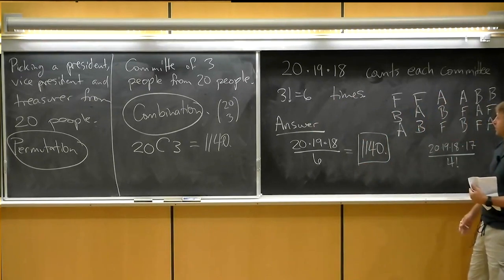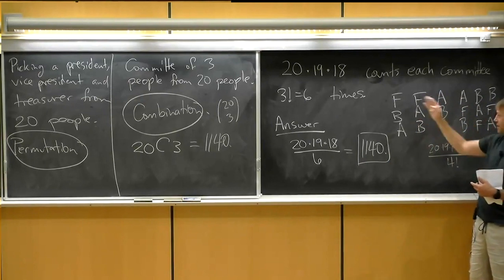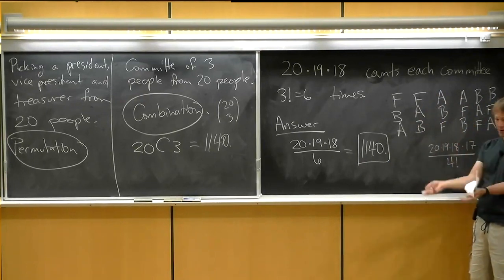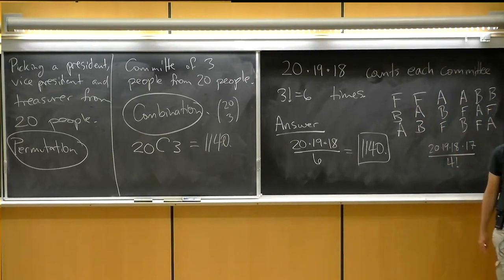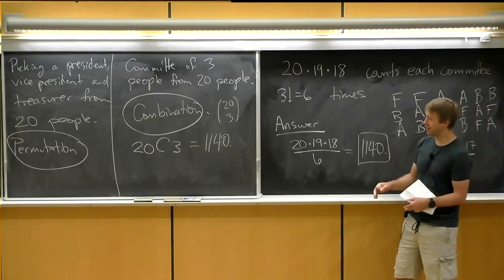So it's not just this committee that got counted 6 times, but take a committee with 3 other people that also got counted 6 times. Another committee with 3 other people got counted 6 times. Everything got counted 6 times. Yeah. Exactly, and that's a general principle that always will work.